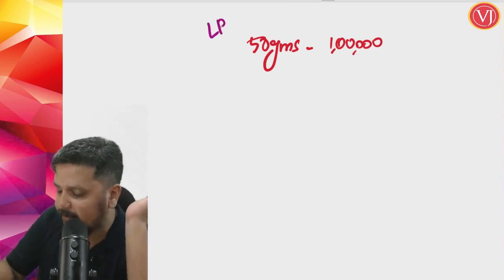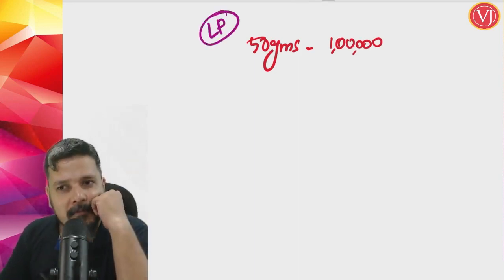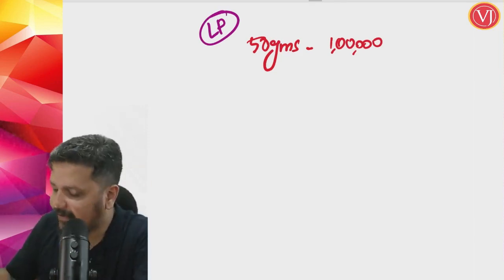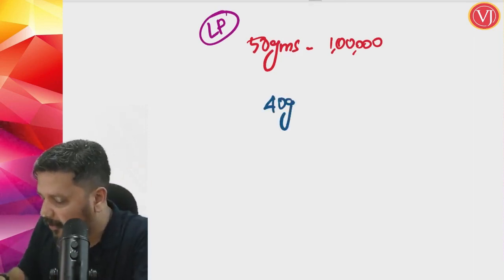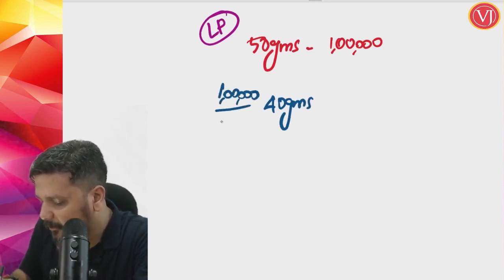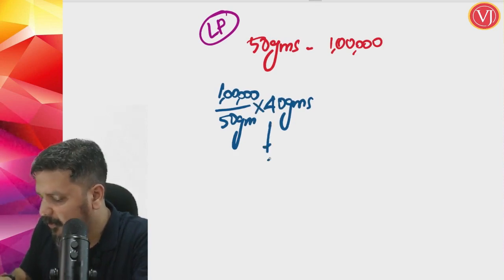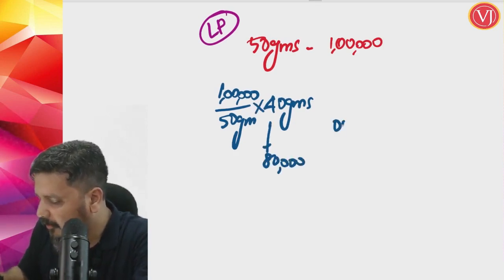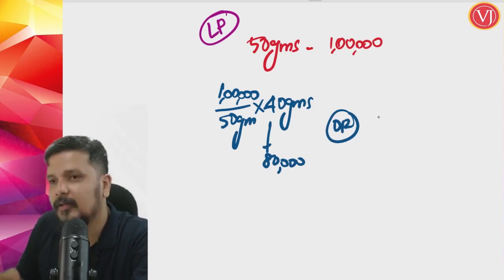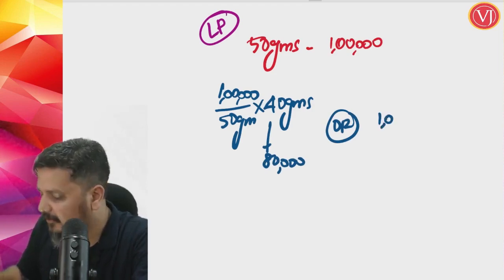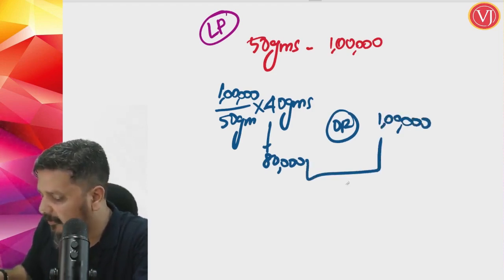What is the exemption? You first calculate 40 grams. Now 1 lakh is for 50 grams. What will be for 40 grams? 80,000. Or for a lady passenger 1 lakh, whichever is lower.